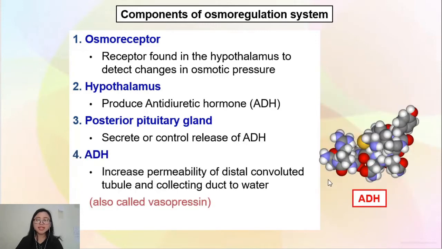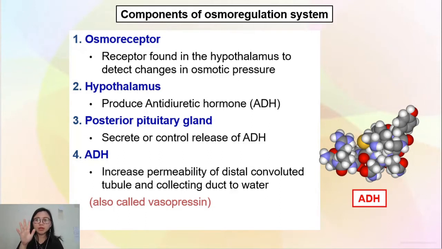Last but not least, the component of the osmoregulation system, number 4, is ADH, anti-diuretic hormone. So, anti-diuretic hormone will increase the permeability of distal convoluted tubule and collecting duct to water. Increased permeability means dia akan menyebabkan sel-sel di distal convoluted tubule dan collecting duct untuk lebih senang osmosis.